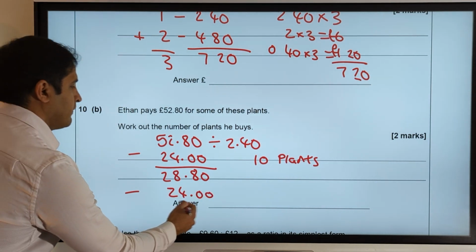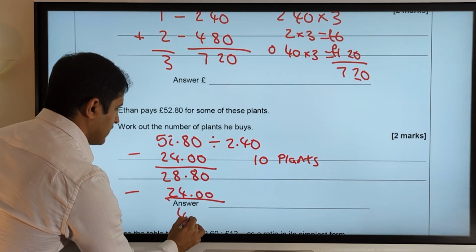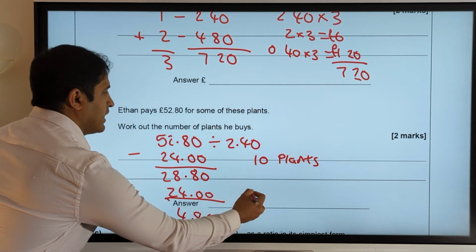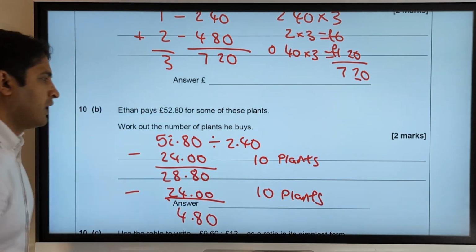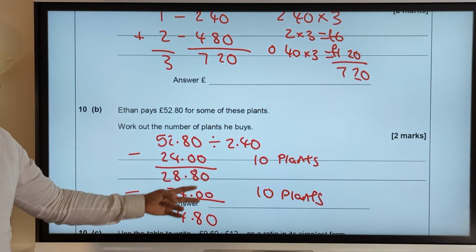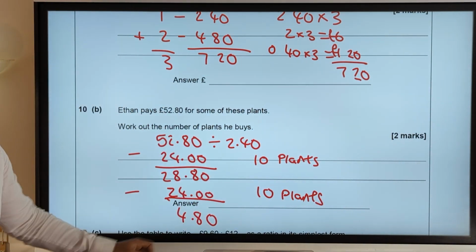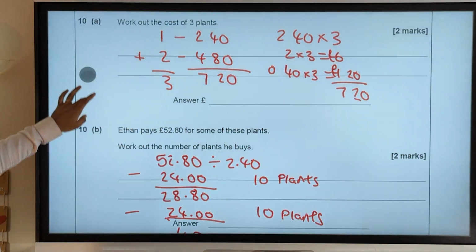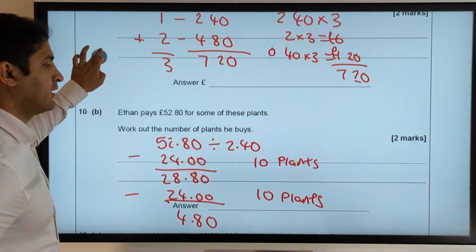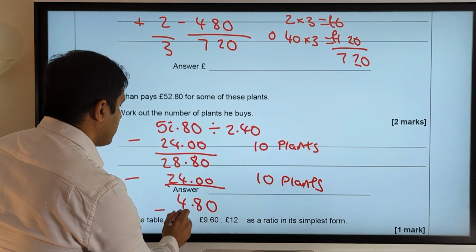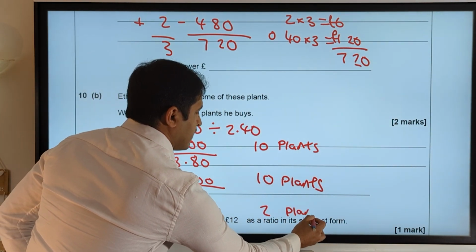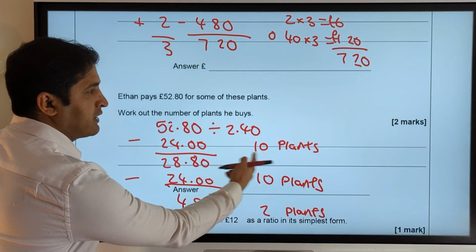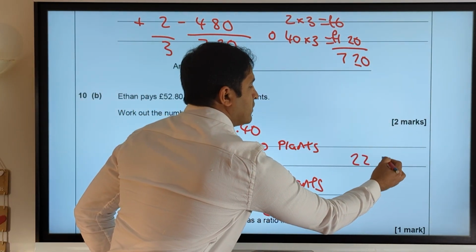What are you left with? £4.80. So that's another 10 plants. And then that means we already bought 20 plants and we have £4.80 left over. £4.80 will get you what? 2 plants. So take away another £4.80, that's 2 plants. So how many plants did we buy altogether? We bought 22 plants.